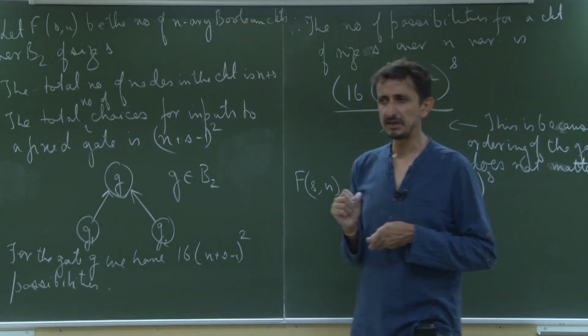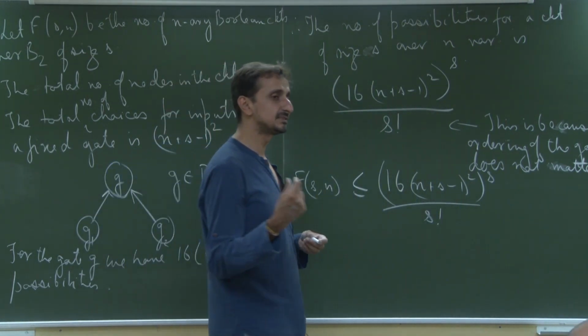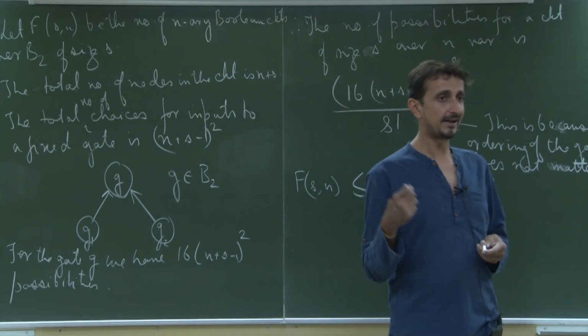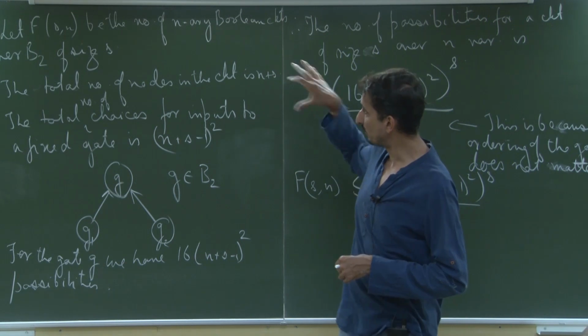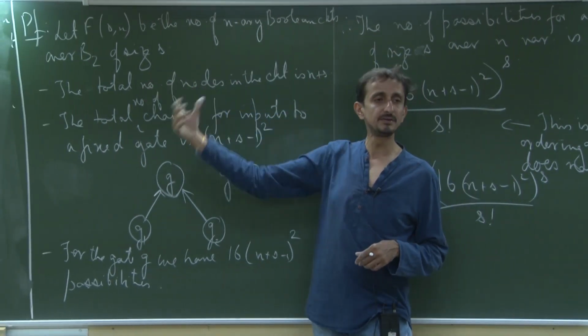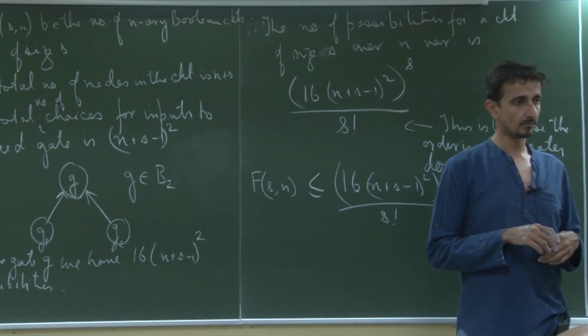Okay. So, I do not think I formally used the word fan in last class. So, fan in of a gate means the number of inputs to that gate. Fan out of a gate means the number of outputs from that gate. So, the moment we say that the circuit is over B2, it means that the fan in of every gate is at most 2. Okay.